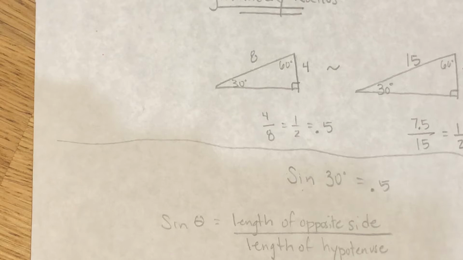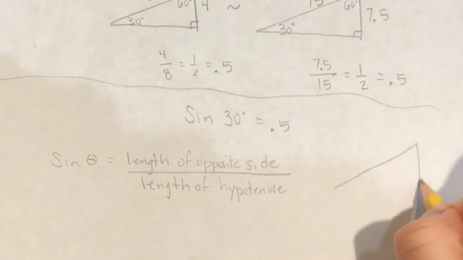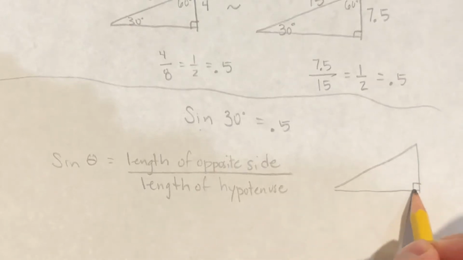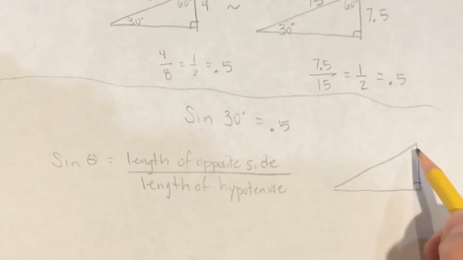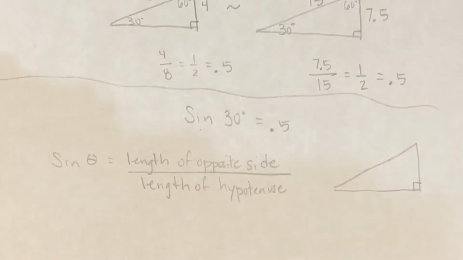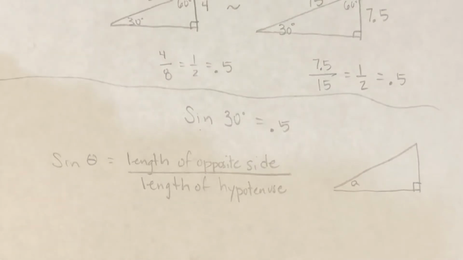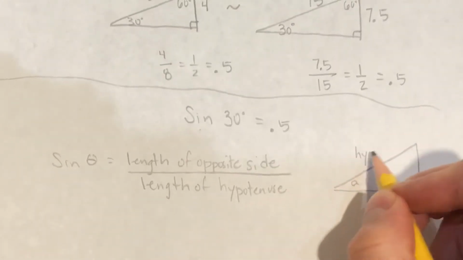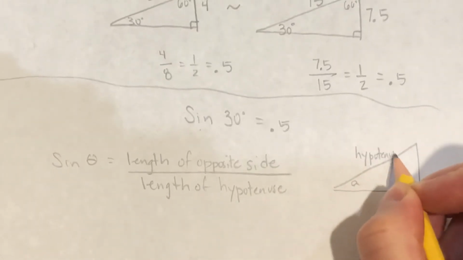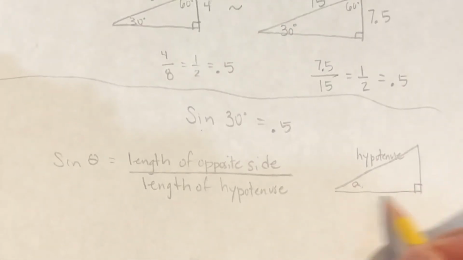So what the heck do we mean by opposite side? Well, if we have a right triangle, we know the two sides that make the 90-degree angle are the legs, and this diagonal side, this longest side, is the hypotenuse. If we focus on this angle A right here, we have the hypotenuse, and then relative to this angle, you have two more sides that we haven't labeled.